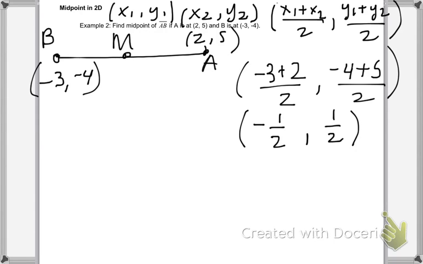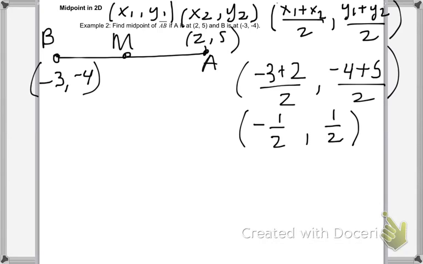So my point of -1/2, 1/2 is the midpoint of the line segment AB. Good job, you guys. What's really important is our formula here. Our formula is important.